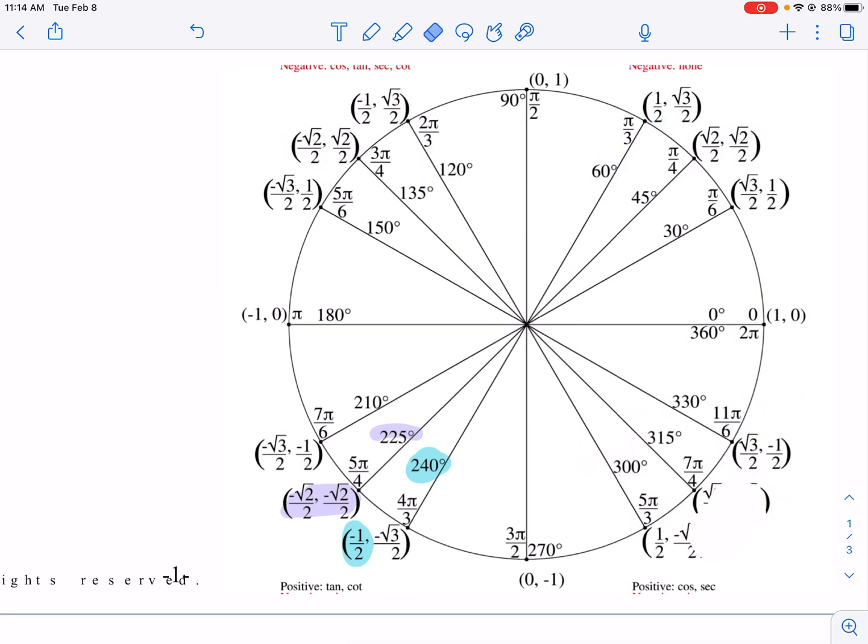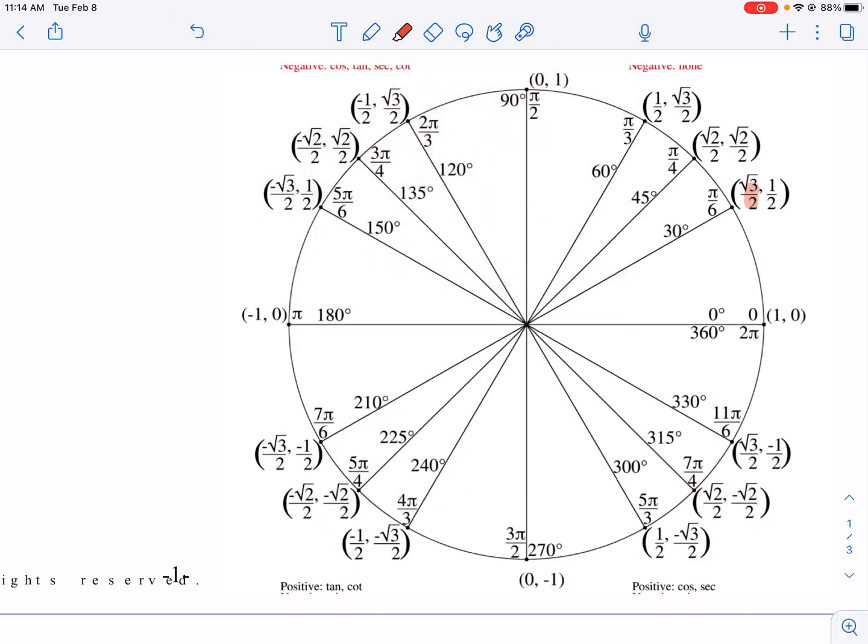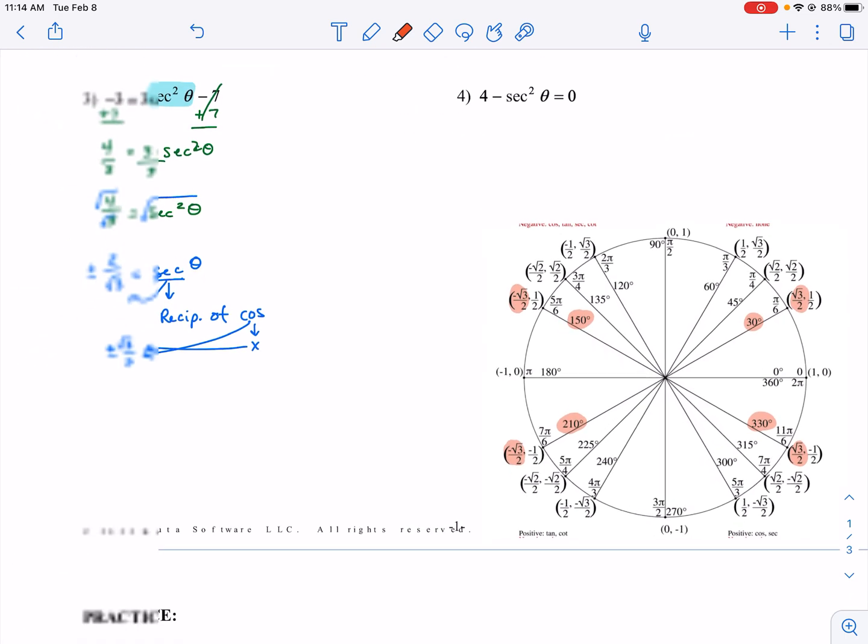Let me erase these highlighted marks. So x is equal here, here, here, and here. Again, 4 answers. Are there always 4? No. It just kind of depends. It's between 2 and 4 usually. So 30 degrees, 150, 210, and lastly, 330.